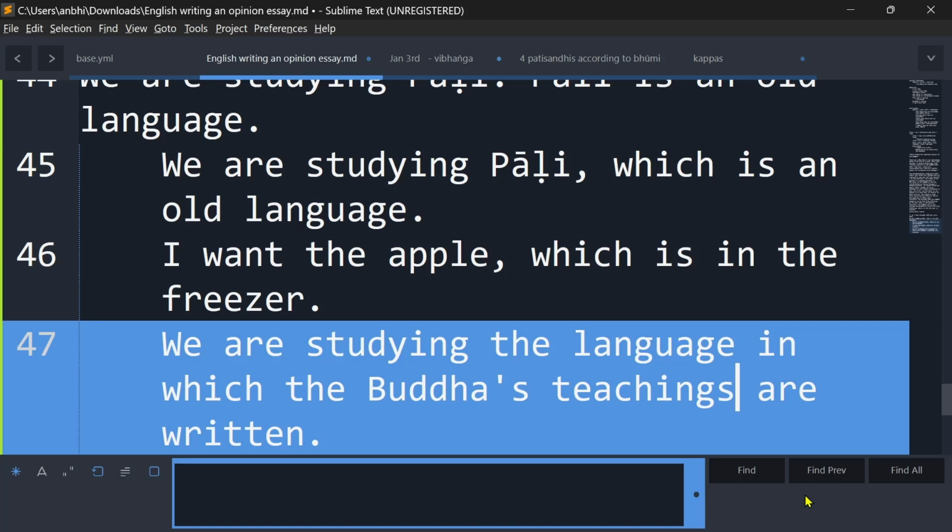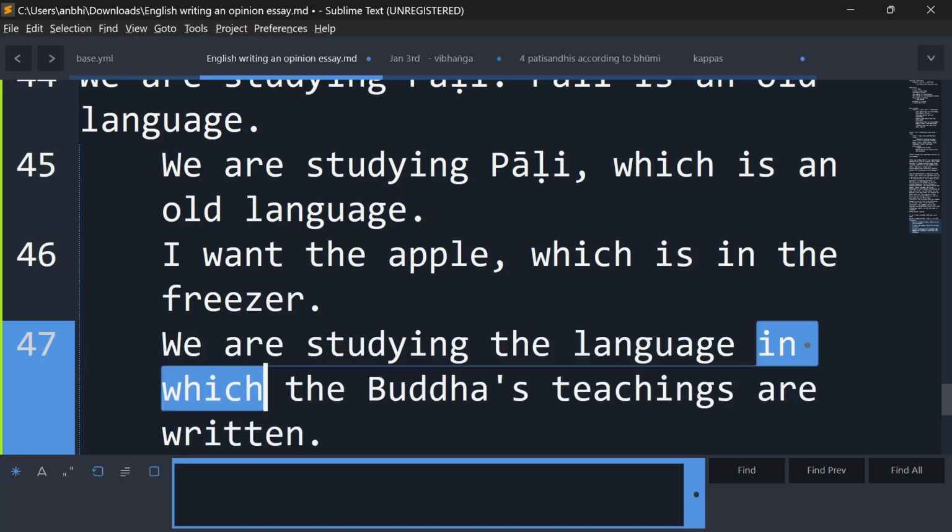Because sometimes we use "teachings" as a general thing, so I want to use the singular verb for it. Yeah, but I'm not sure it's correct. Maybe you're right. The Buddha's teachings. Yeah, maybe "are." Okay, are written.